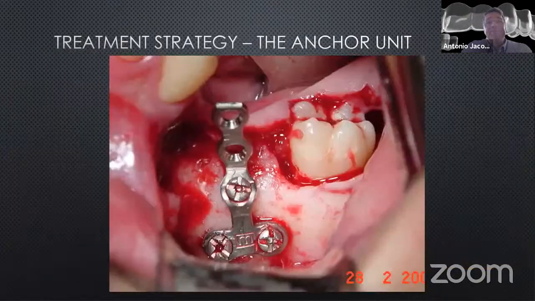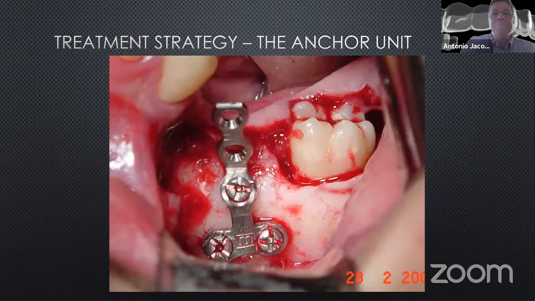Well, I will talk just a little bit about the possibility of the anchor unit to bring maybe some ankylosed teeth towards the position. This is very challenging also. This patient has an ankylosed first molar, and I used this mini plate.